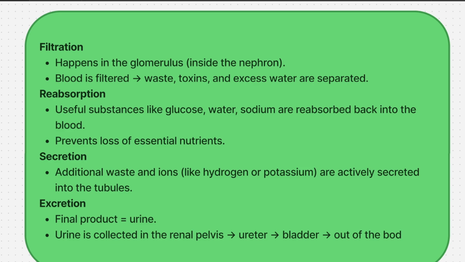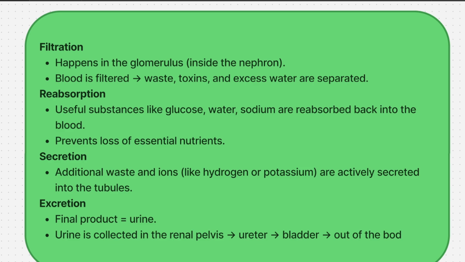So certain ions and waste products are actively secreted, like hydrogen and potassium, depending on the homeostatic state. For example, if we have too much potassium, we can secrete some. If the blood is too acidic, we can secrete the hydrogen ions, and so on and so forth. And the last thing is excretion.